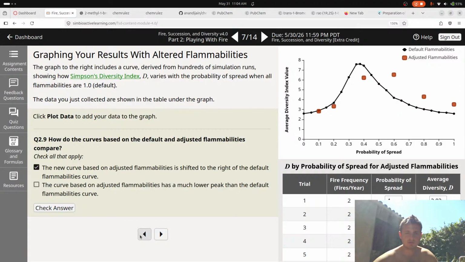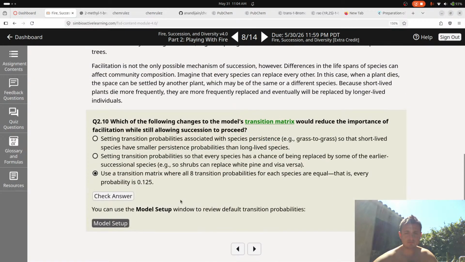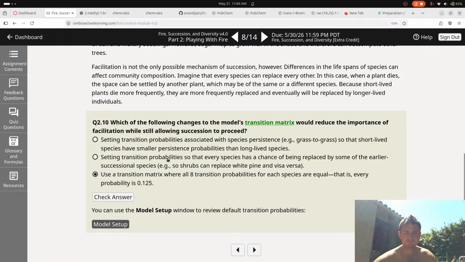Oh, what? Which of the following changes to the model's transition matrix would reduce the importance of facilitation while still allowing succession to proceed? Probably this then, right?